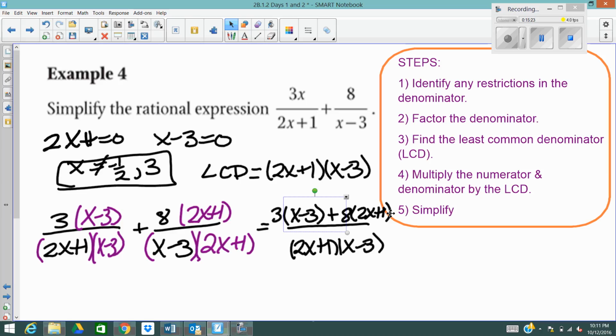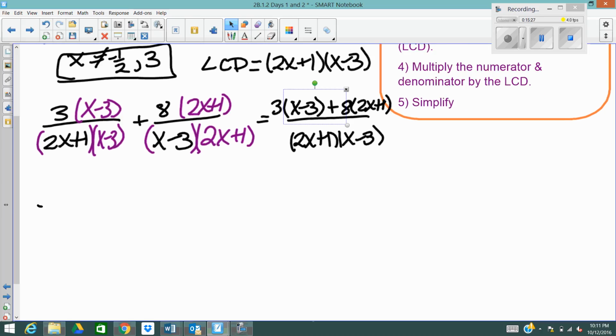Now I'm going to simplify my numerator. I get 3x minus 9 when I distribute that 3, plus 16x plus 8 when I distribute the 8. Again, all over that common denominator.